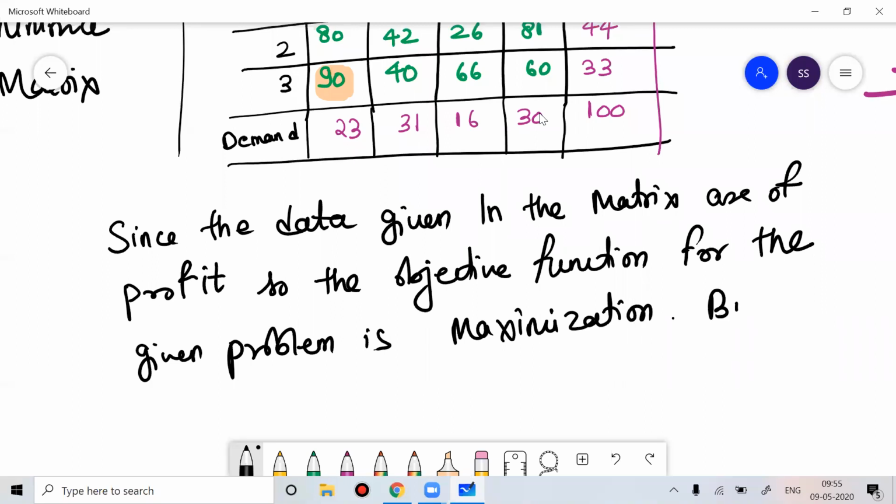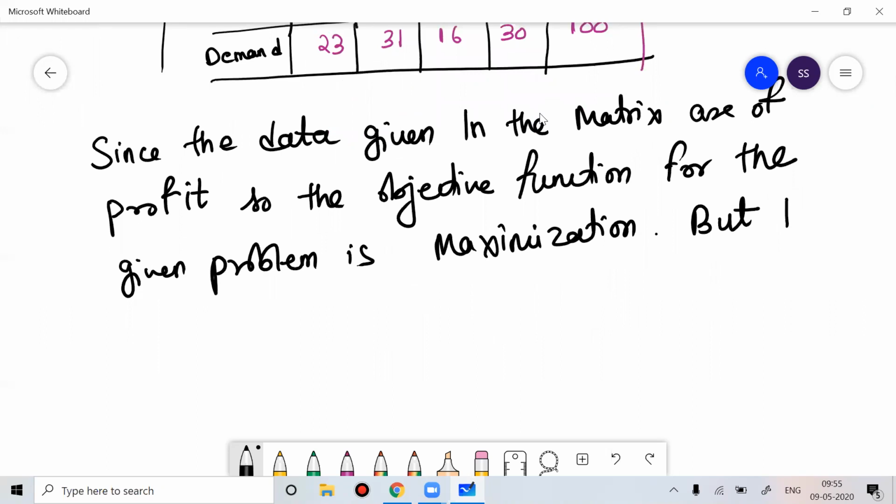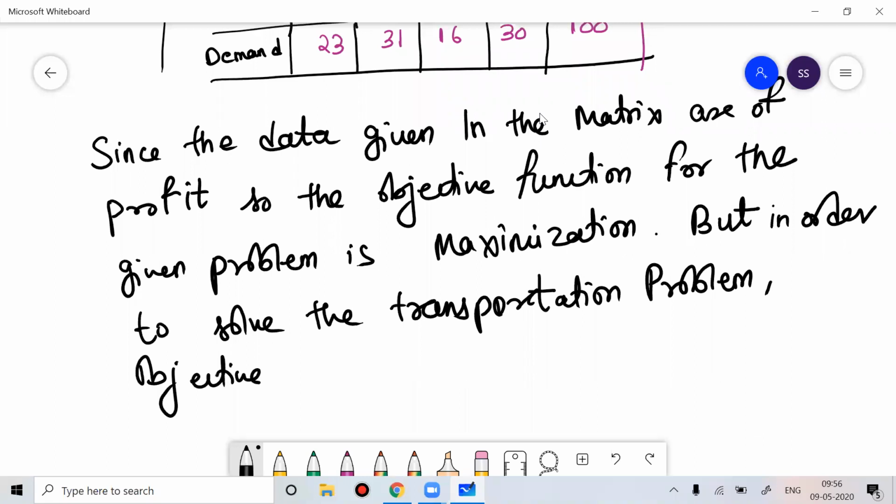But in order to solve the transportation problem, the objective function should be minimization.